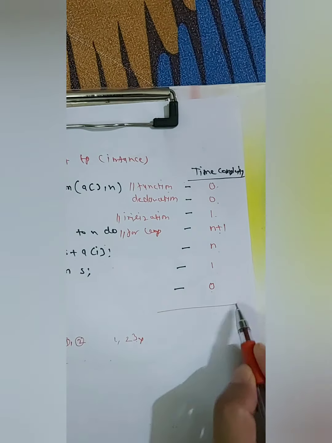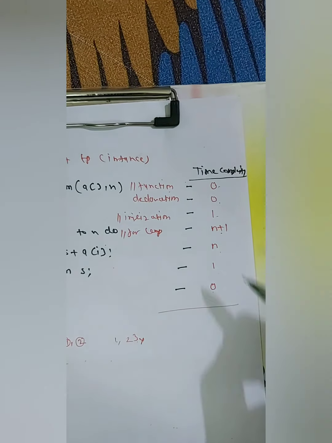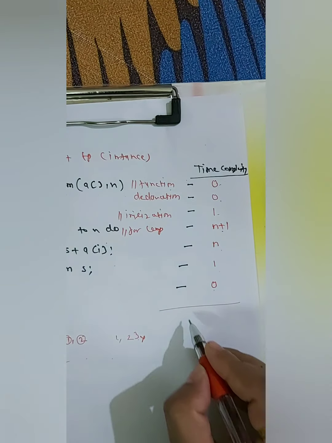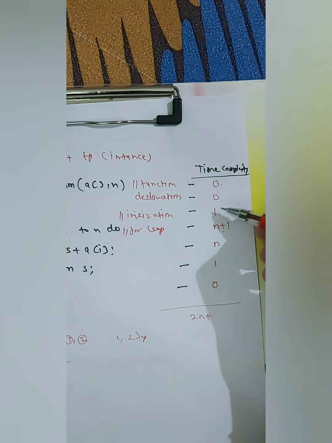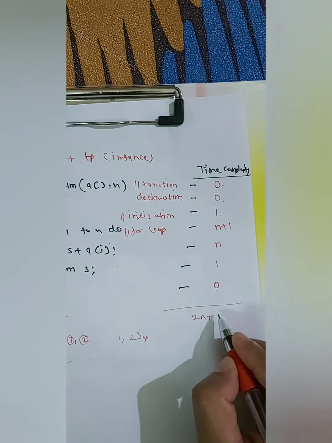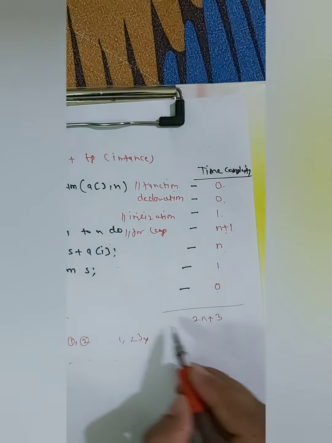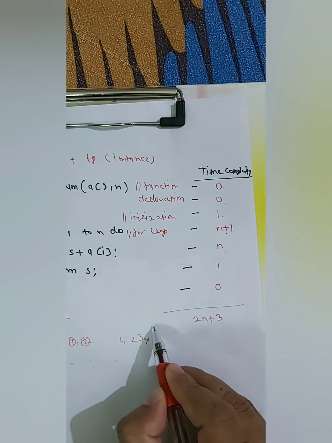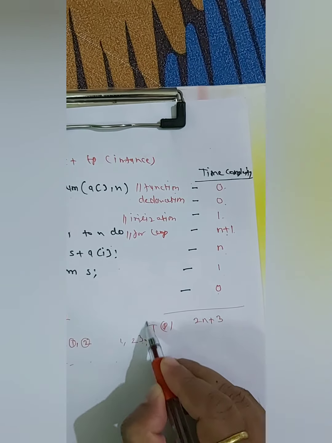So the total time complexity is n plus 1 plus n plus 1 plus 1, which is 2n plus 3. So this is the time complexity of the program, that is called TP.